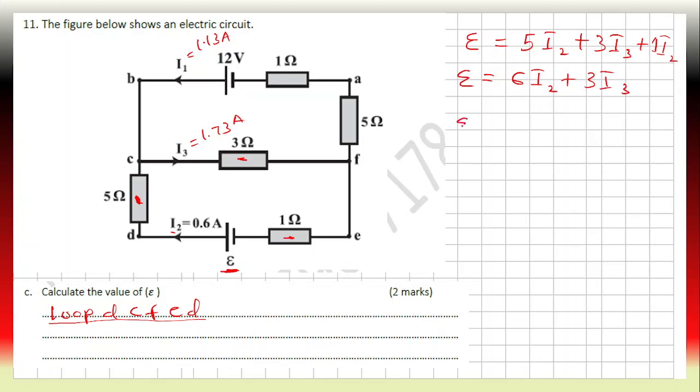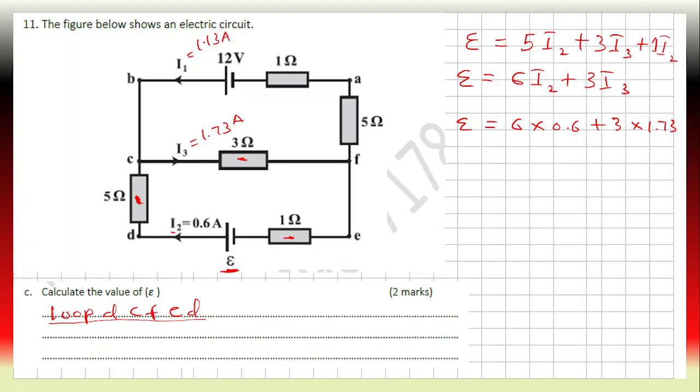So my E will be equal to 6 multiplied by I2, which is 0.6, then plus 3 multiplied by I3, which is 1.73. So what do you get from that one? So I'll have 6 multiplied by 0.6, then I add to 3 multiplied by 1.73.